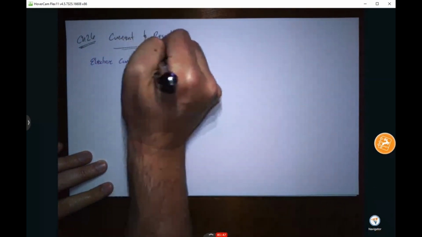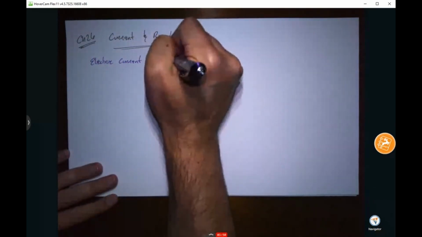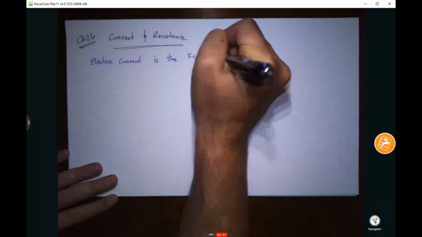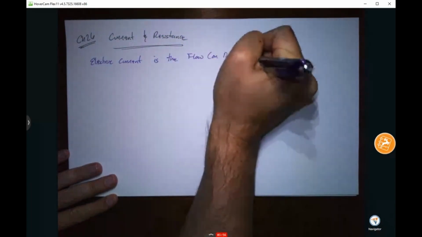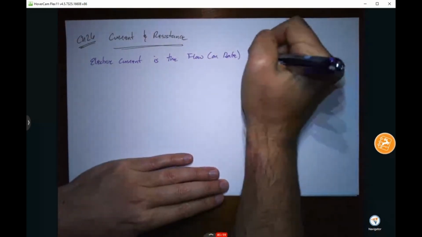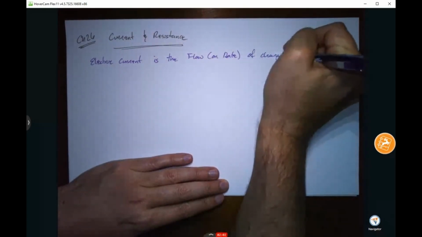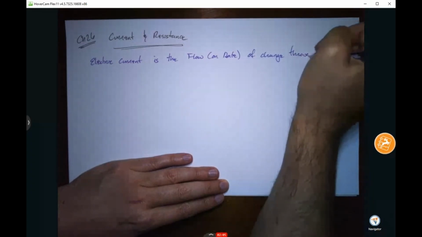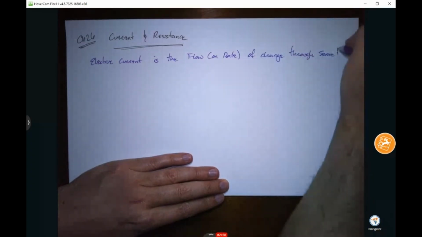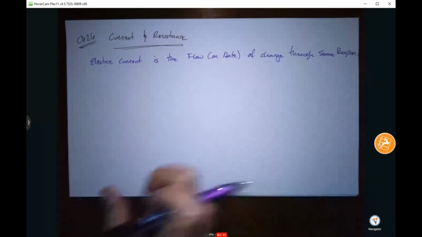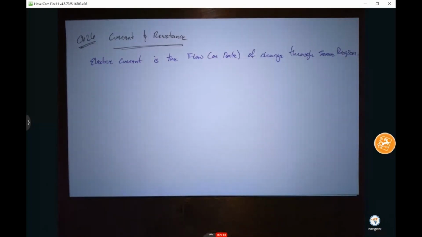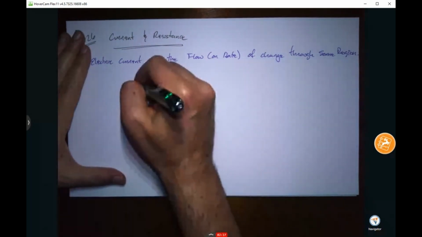Okay, and so what we have is that our electric current is the flow, or really it's the rate of charge through some region.